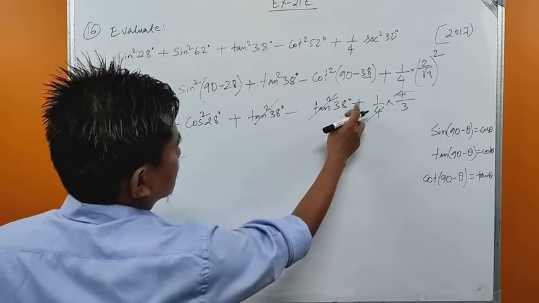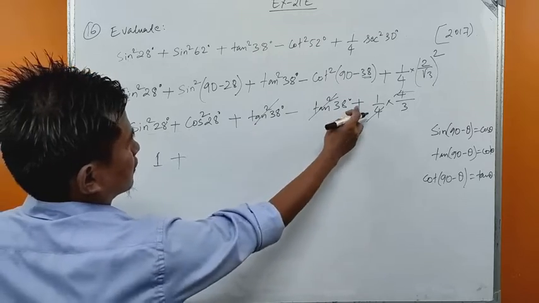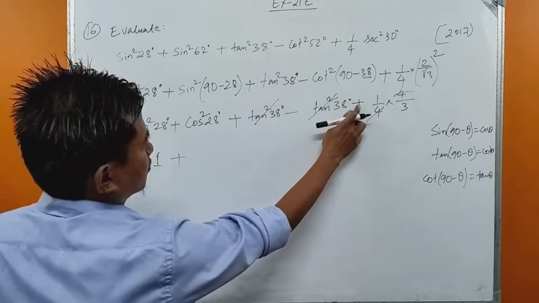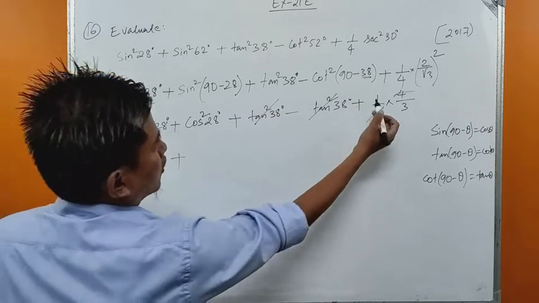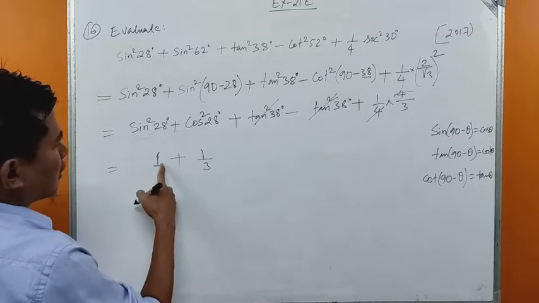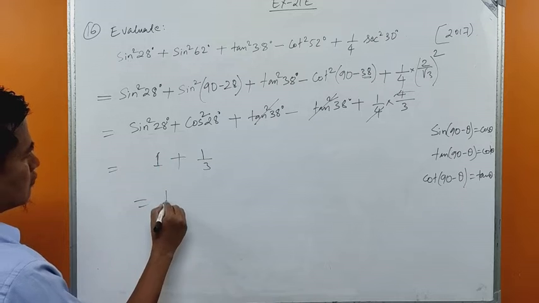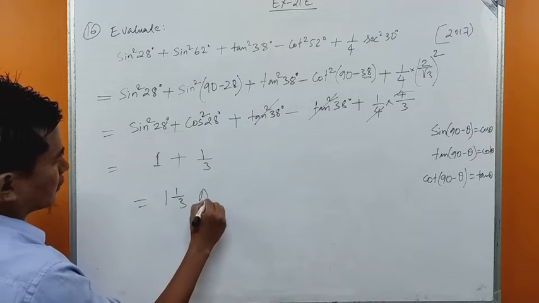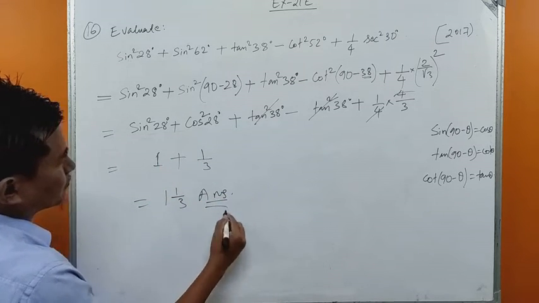Now we have plus 1 upon 3. So 1 plus 1 upon 3 means 1 whole 1 upon 3, okay? So this is the answer.